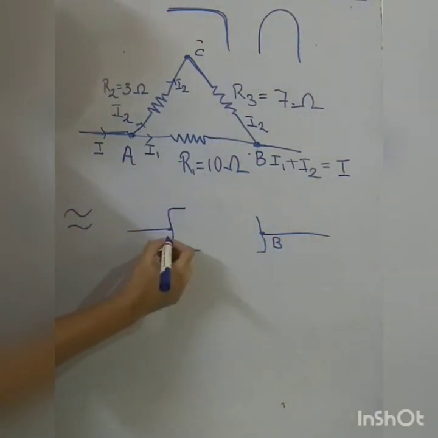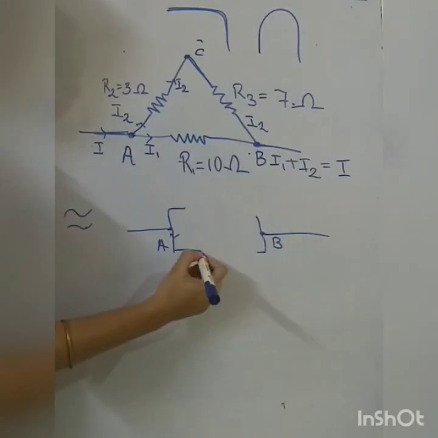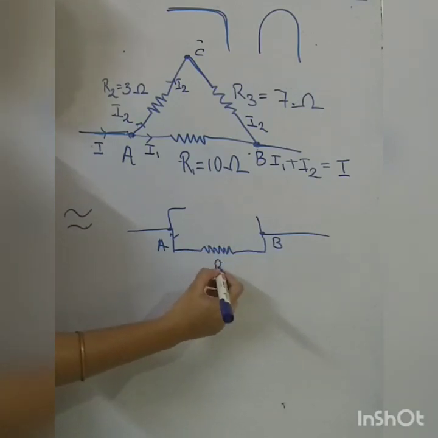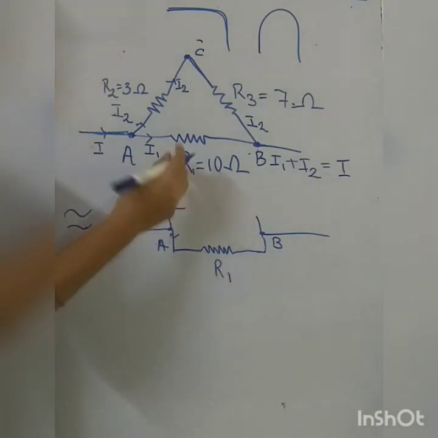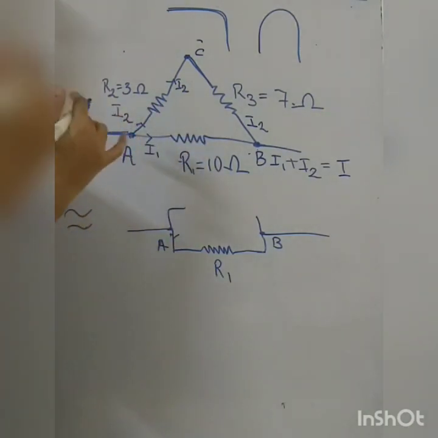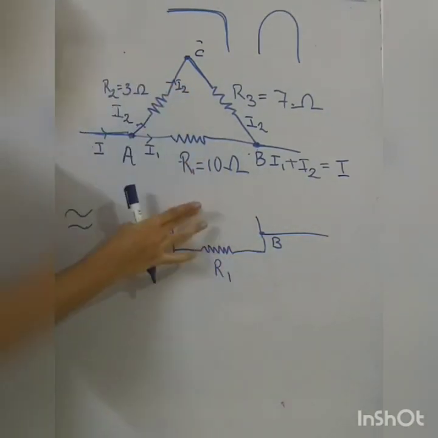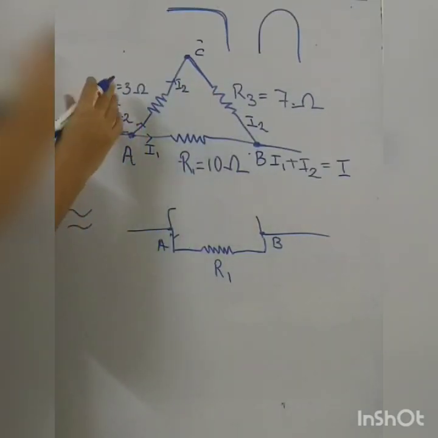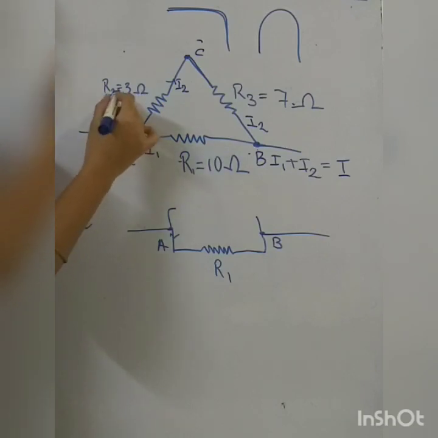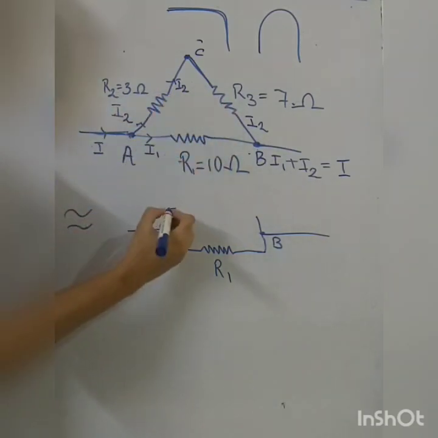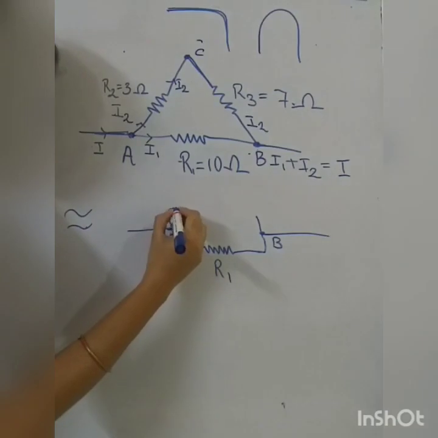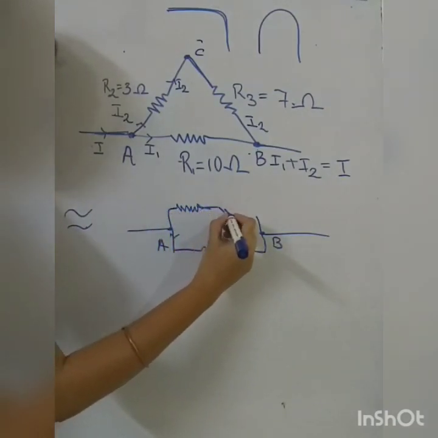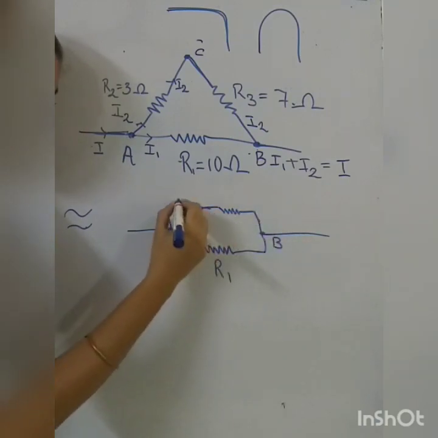I1 amount of current was flowing through R1 and there was nothing else in between. So your R1 is as it is. I2 current was flowing from R2 and R3. So R2 and R3 are in series because same amount of current is flowing from R2 and R3, that is I2. So this is your R2 and this is your R3.